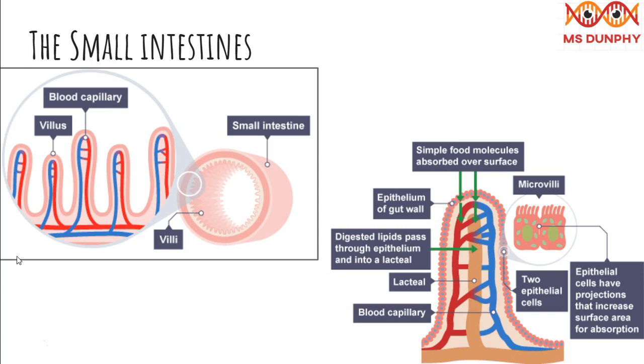Villi increase the surface area in a big way so that digested food is absorbed much more quickly into the blood. They also have a single layer of surface cells, very thin, so that the substances can diffuse over a small distance, and they have a very good blood supply which assists quick absorption.